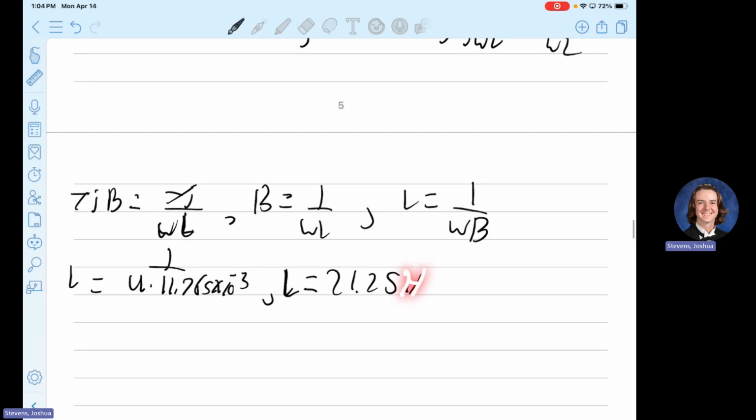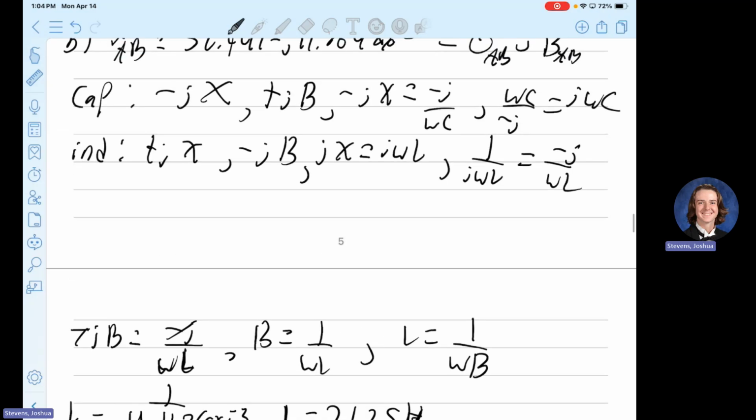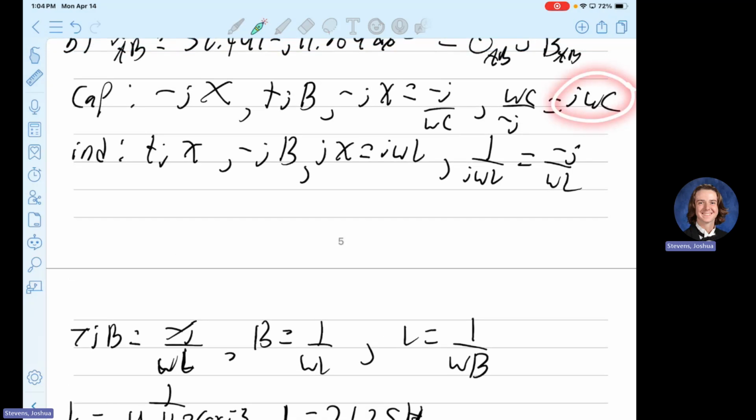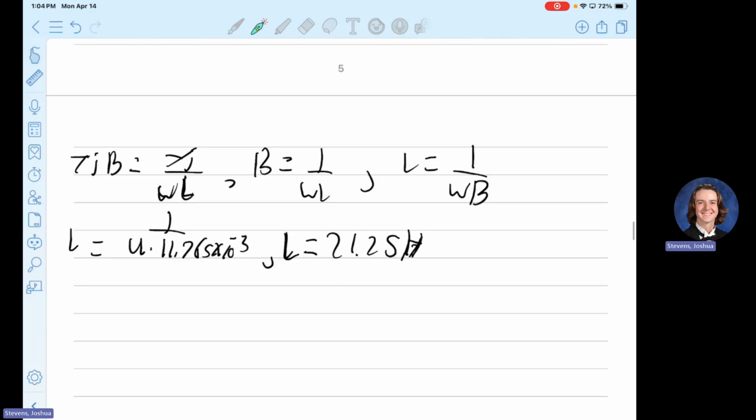Okay, now we do the flip side, which is the capacitance. We have a negative susceptance, so we need to cancel it out with a positive susceptance. So j beta equals j omega C. The j's cancel out. To find C, it becomes susceptance over omega.